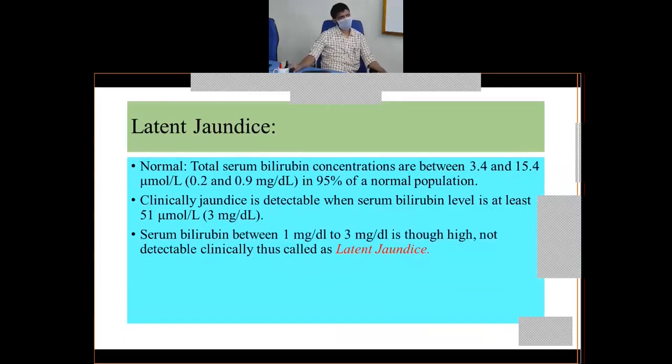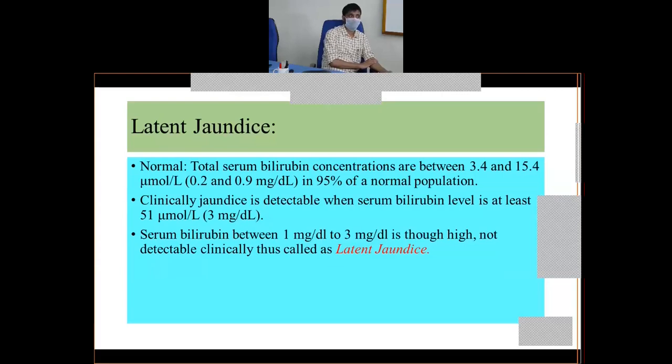Now latent jaundice. Normal serum bilirubin concentration is between 0.2 to 0.9 milligram per deciliter in 95% of normal individuals. Some people may have a little more than that, but usually 95% of normal individuals have bilirubin of 0.2 to 0.9 milligram per deciliter.